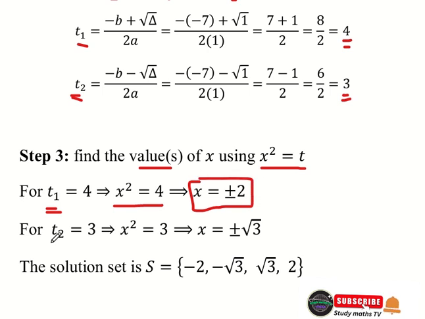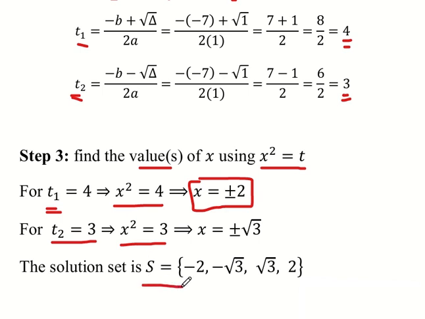For t2 equals 3, x squared equals 3, so x equals plus or minus square root of 3. So there are 4 values of x, and all of them must be written in the solution set. The solution set is minus 2, minus square root of 3, plus square root of 3, and 2. So this is the solution.